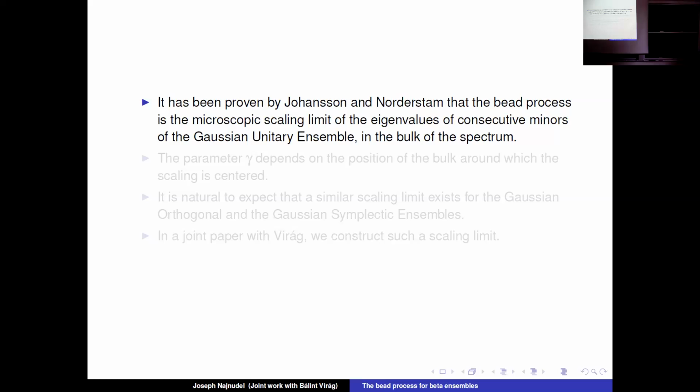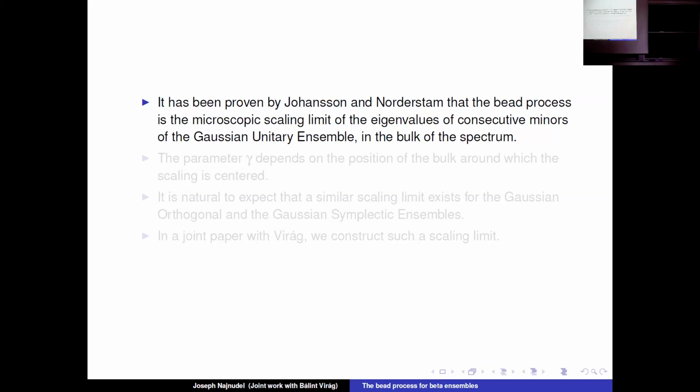In fact, it has been proven by Johansson and Nordenstam that the bead process is a microscopic scaling limit of the eigenvalues of consecutive minors of the Gaussian unitary ensemble in the bulk of the spectrum. So we take a Hermitian matrix, with independent complex Gaussians above the diagonal and real Gaussians on the diagonal.